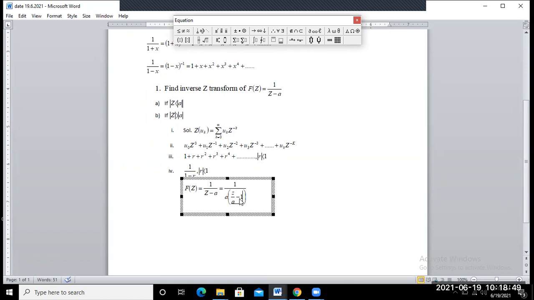It can be converted into 1 minus r if you take the minus common here.